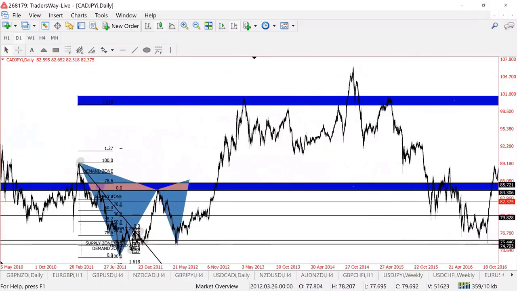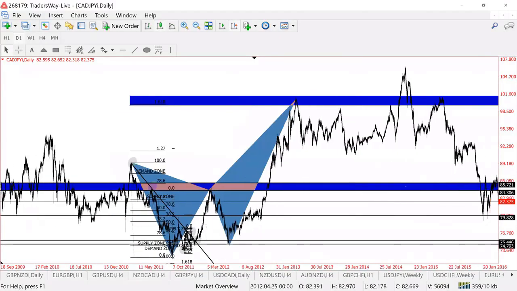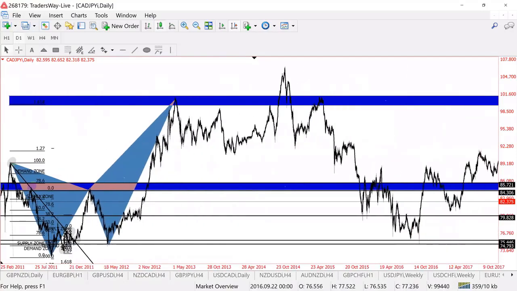Look at this. This harmonic sitting all by itself, saying, I came up to the 1618. The reversal is coming. Elliott wave: wave 1, 2, 3, 4, 5, A, B, drop the market down.